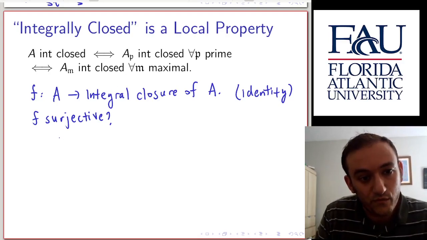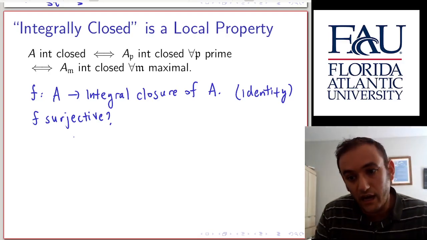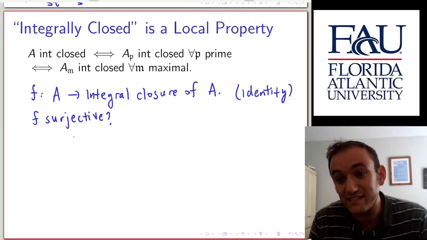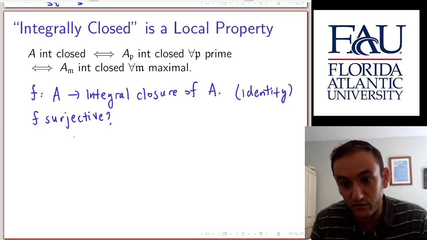So an A-module homomorphism being surjective is a local property, and that's something that we proved in the local properties section.